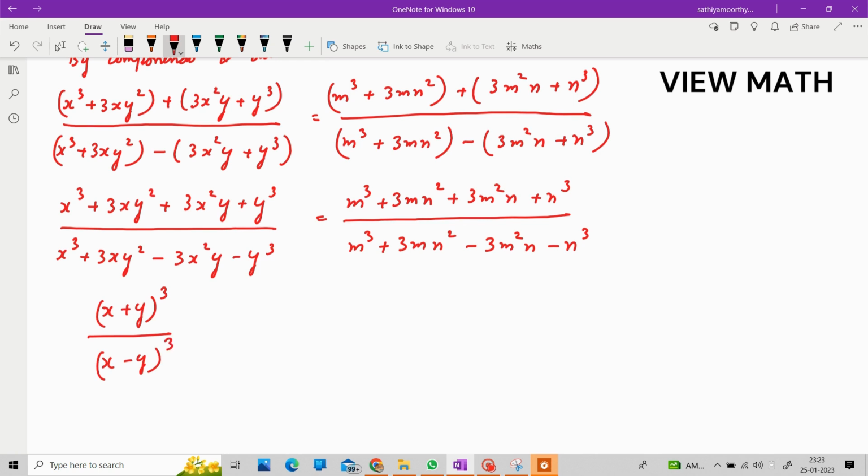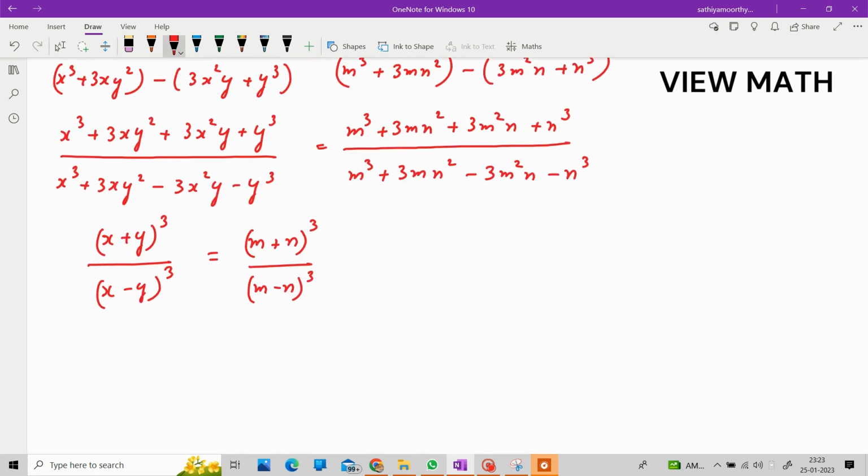So I am writing this is equal to x plus y the whole cube and denominator x minus y the whole cube. Similarly, in the right hand side it is m plus n the whole cube formula divided by m minus n the whole cube formula. Now I am going to take the cube root on both sides to remove the cubes.